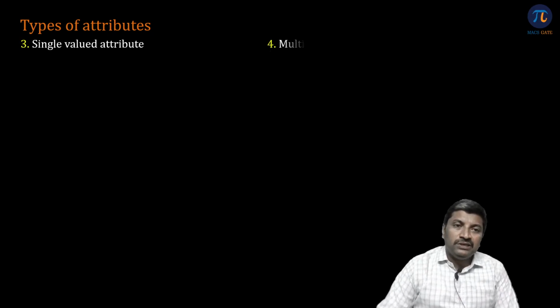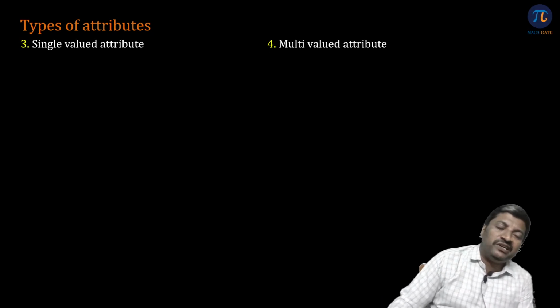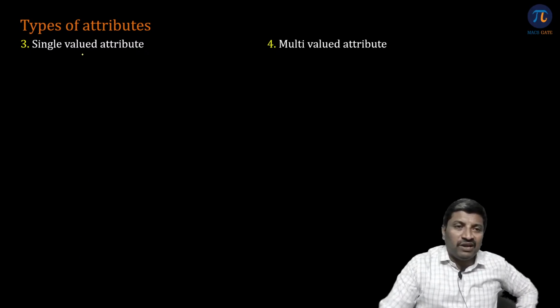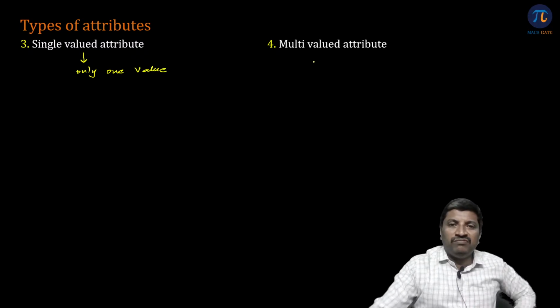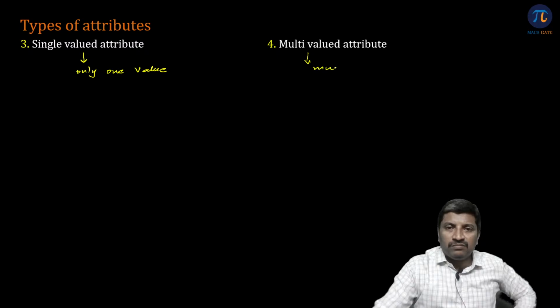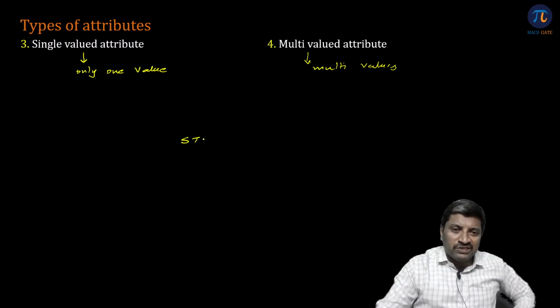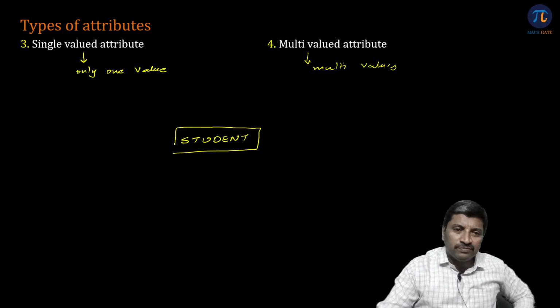The next one is single valued attribute and multi-valued attribute. Single valued attribute means every record will have only one value. Multi-valued means more than one value. Let me give an example. Suppose I consider the same example, student.